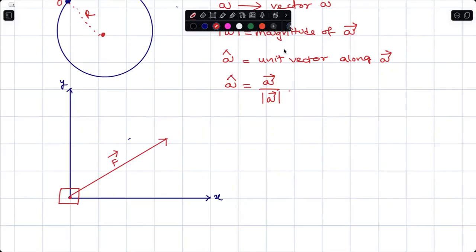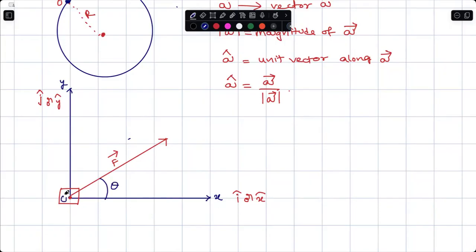Remember, the standard representation of a unit vector in the x direction is I cap. In some books, they will also give it as x cap. In some foreign editions, they will give it as x cap. Along y, you will represent it as j cap or y cap. No issues. So with the x-axis, this force vector makes an angle theta.